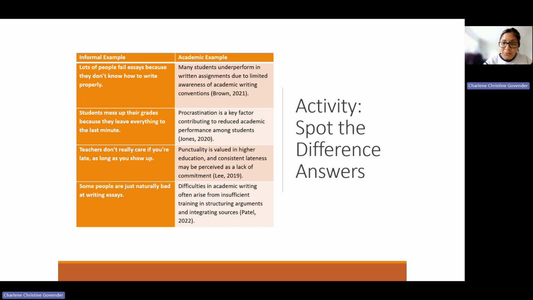So, choose and decipher if it is an academic sentence without a reference. If these are a little easy, I just want you to have a quick think about how you would spot an academic sentence if it doesn't have a reference attached to it.